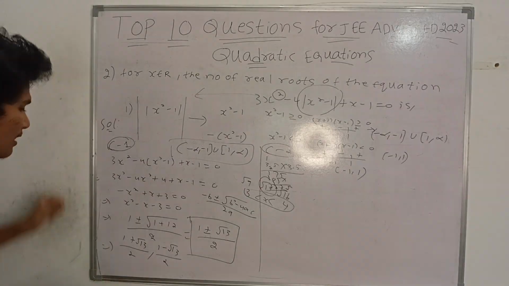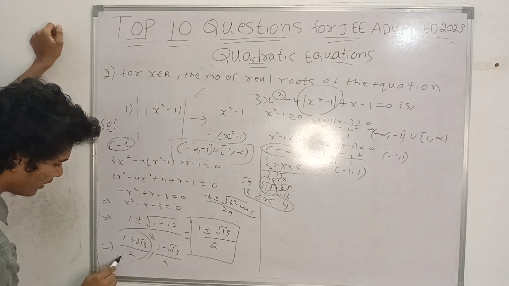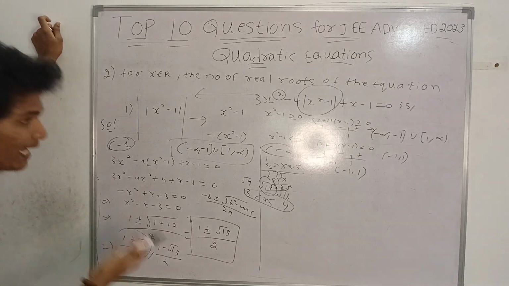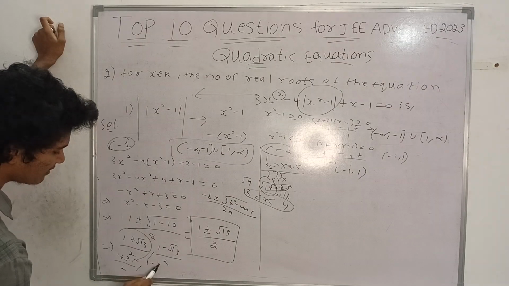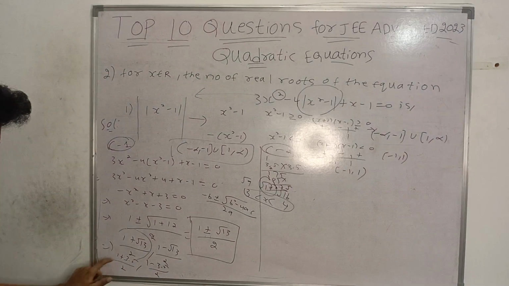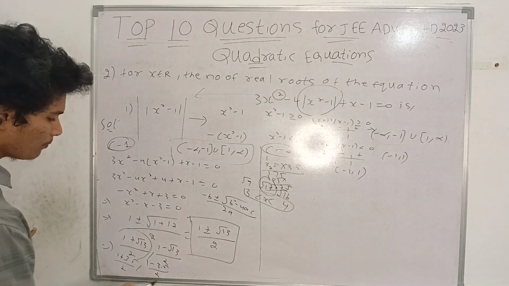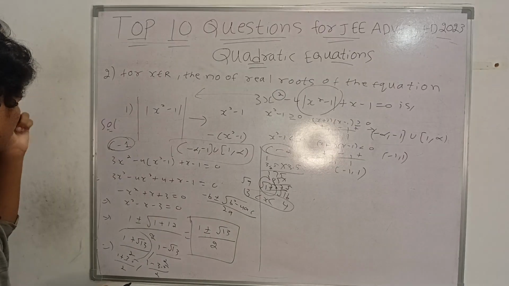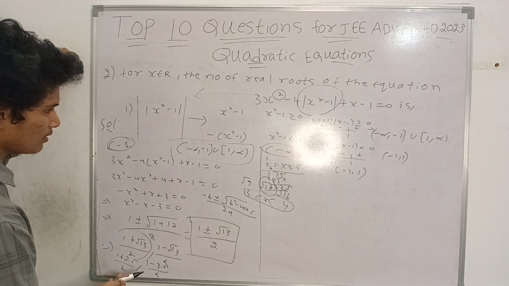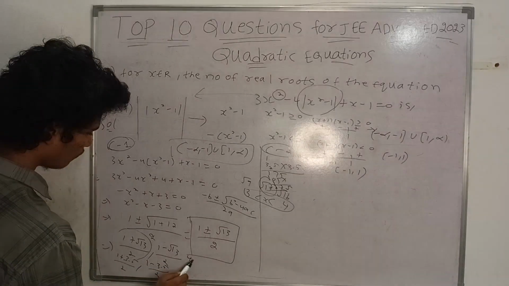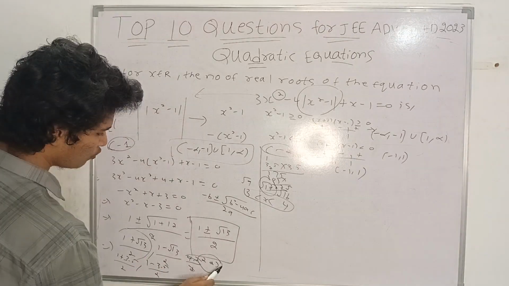Now when we check these two roots, taking root 13 as 3.5 divided by 2, 1 plus 3.5 is 4.5. 4.5 divided by 2, how much are we getting? It is 2.275.